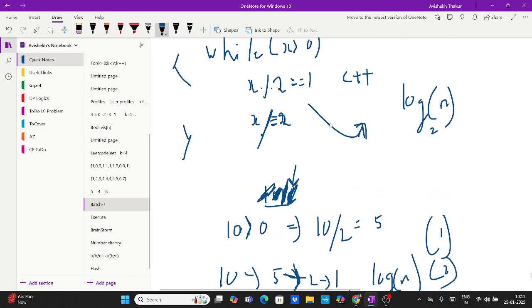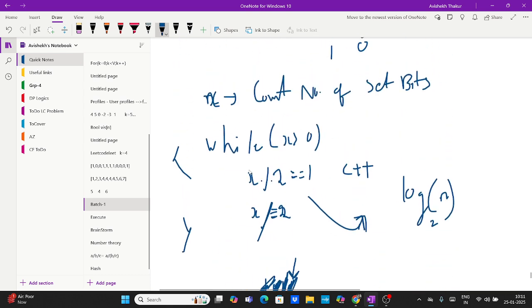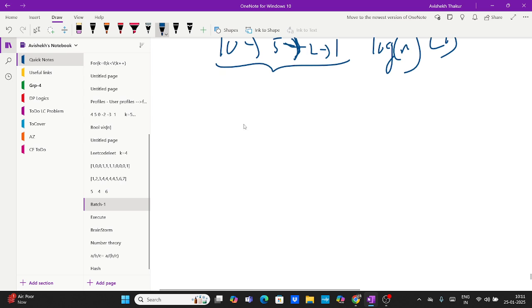Now, we will not use this, because even though log n is super fast, we want to do it even faster. There is a very famous formula, I don't remember the exact name, something like Brian Kernighan's. You can memorize this for now, because even I memorized it during my learning.